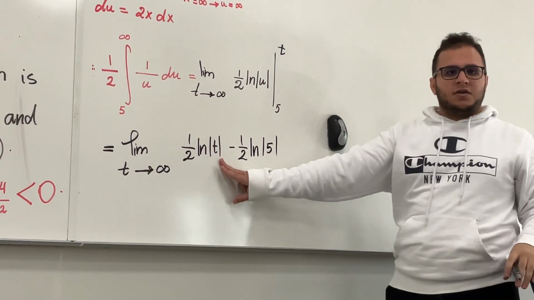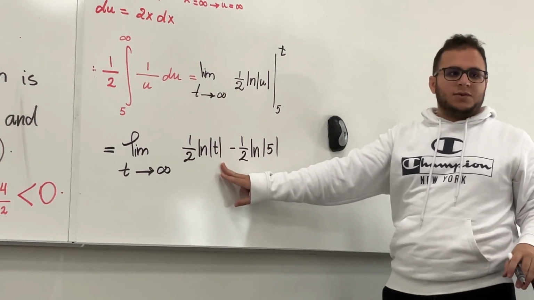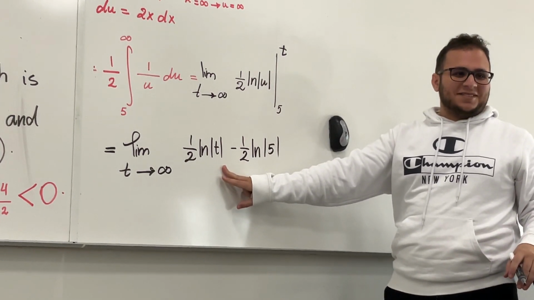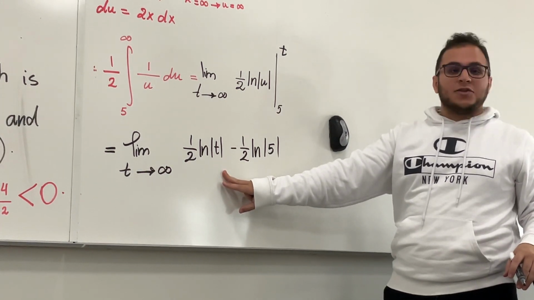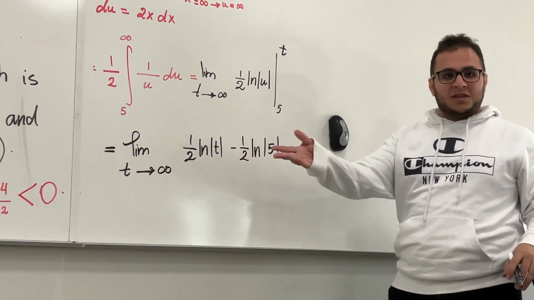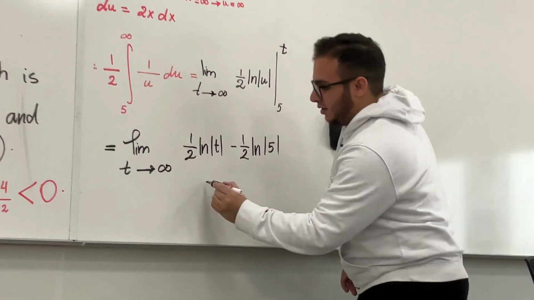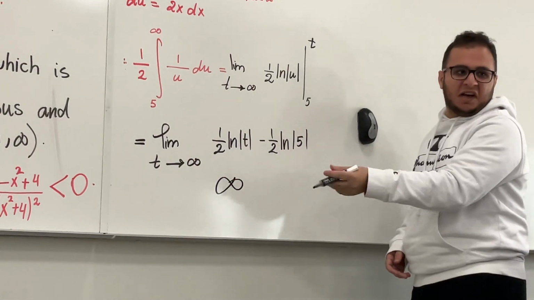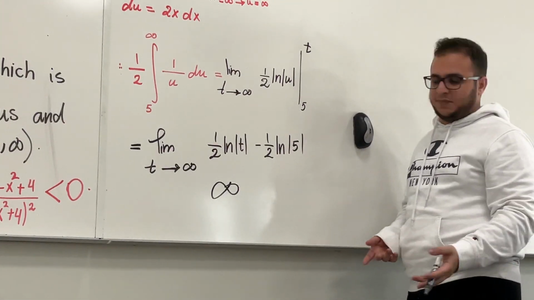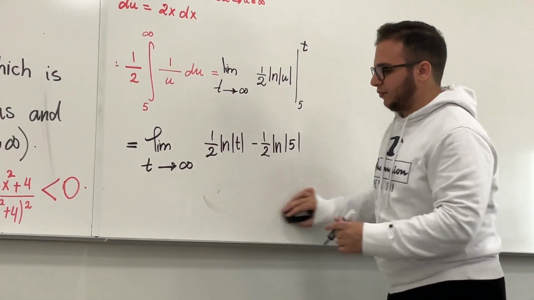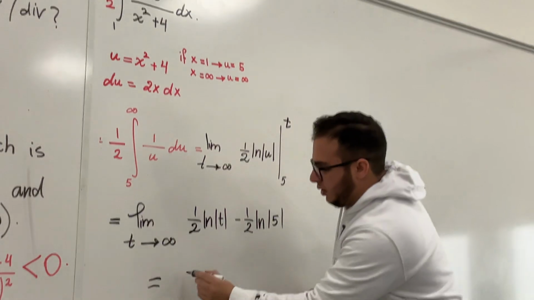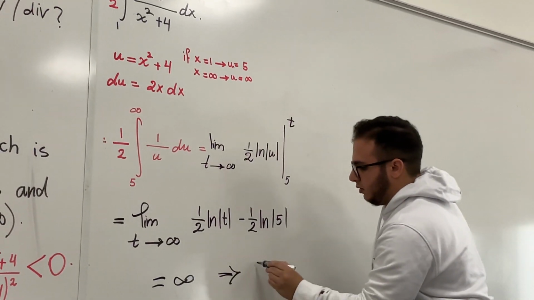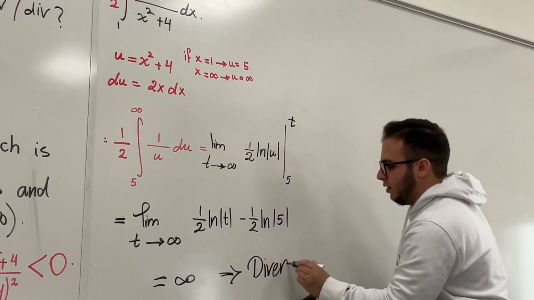What is ln of infinity? Infinity. Try it on the calculator. If you keep increasing the number, it will just increase. Infinity minus a constant stays infinity, right? So this diverges. It equals infinity, so it diverges.